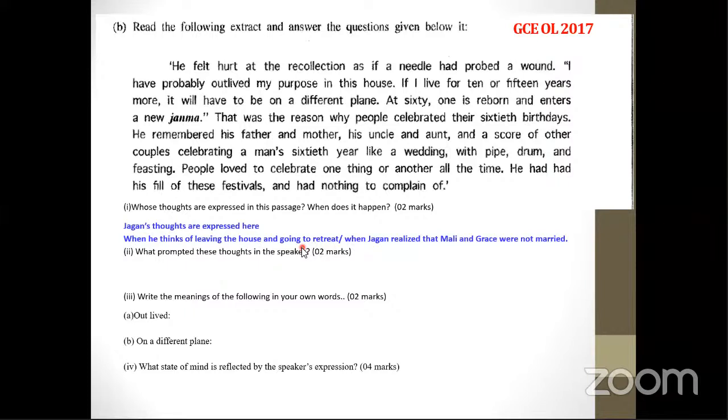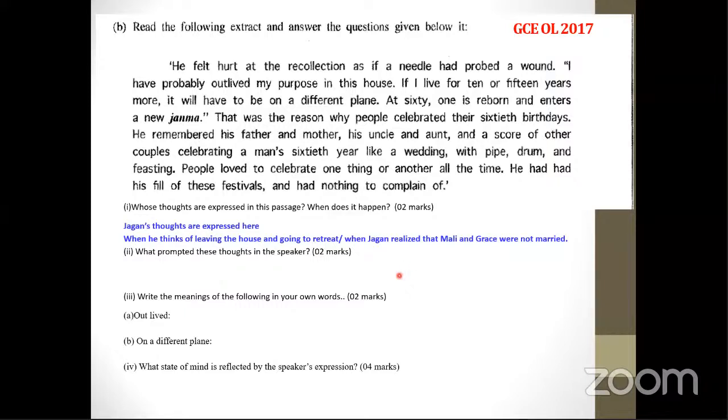So it's a different age for every person. Like 60 is a time of retirement in Sri Lanka. Even you see the context in India and Sri Lanka is both similar, South Asian. So when Jagan realized that Mali and Grace were not married, it is painful, and his decision comes to confirm the situation.